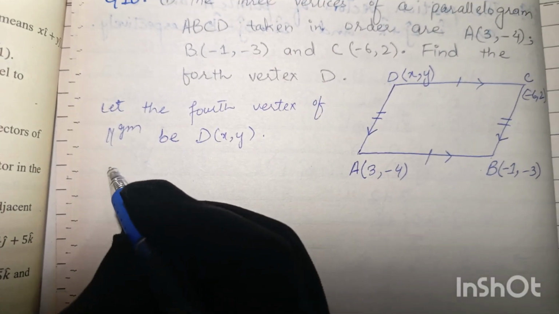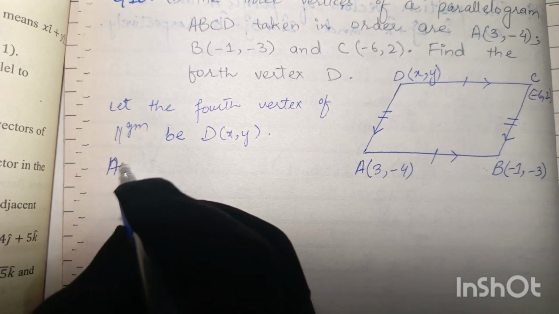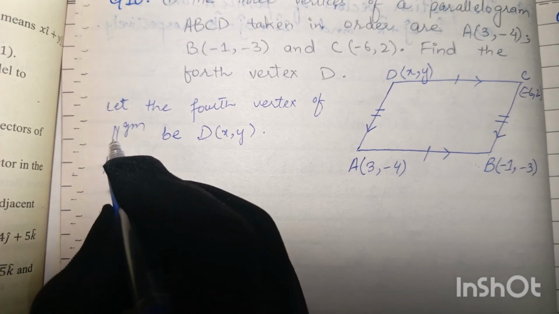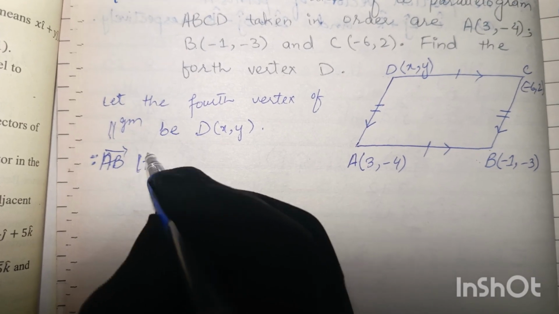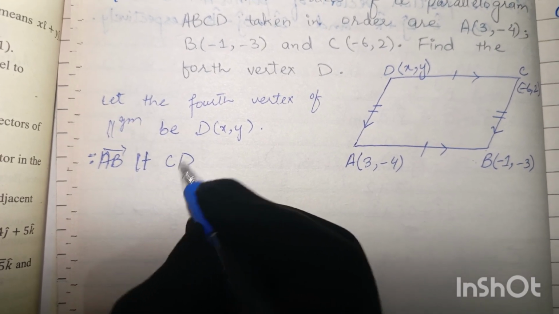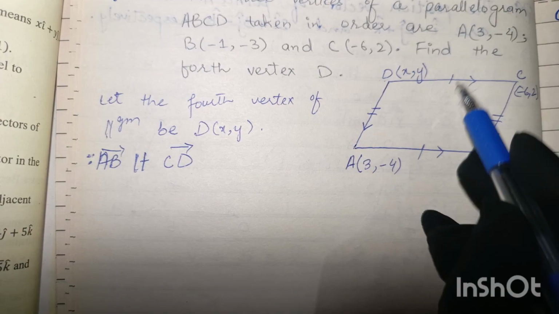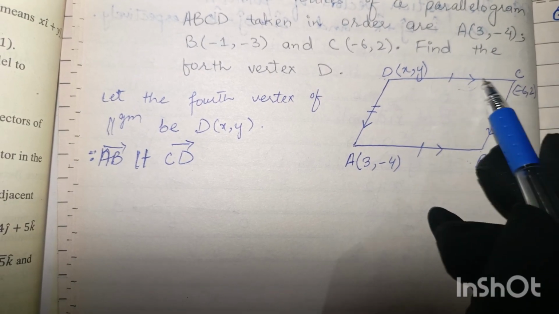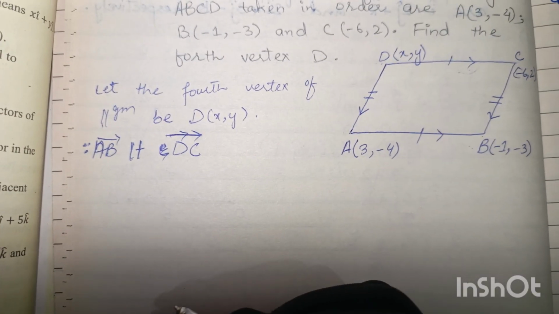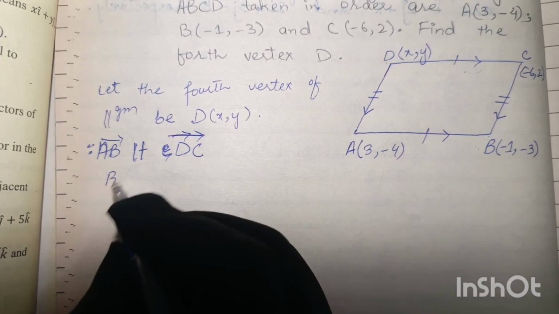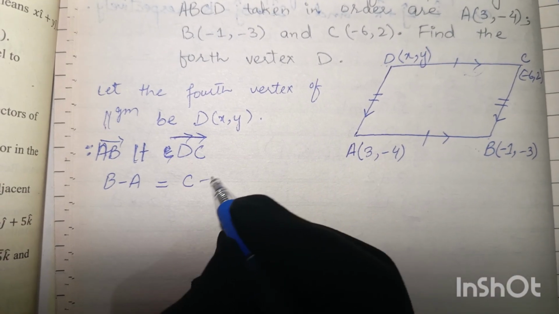So if we take AB, AB is parallel to CD, sorry, this is DC, because the arrow directs toward vertex C, so we can write this as DC, not CD. Now AB means B minus A, and DC means C minus D.